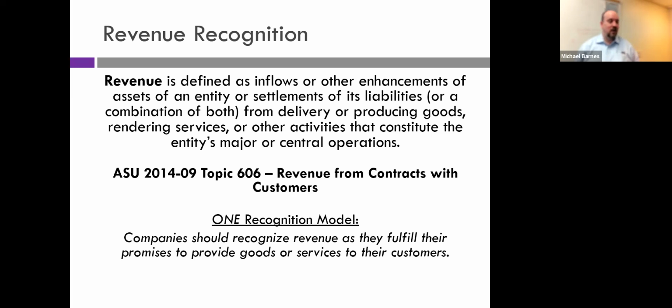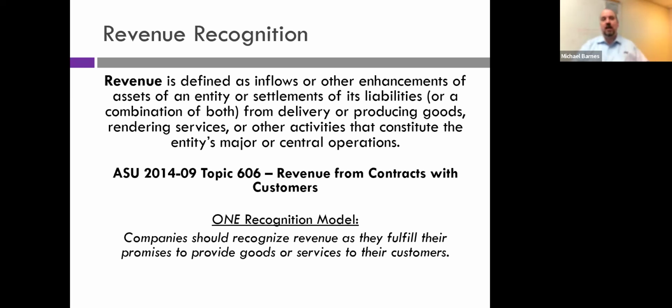Revenue is defined as inflows or other enhancements of assets of an entity or settlements of its liabilities, or a combination of both, from delivering or producing goods, rendering services, or other activities that constitute the entity's major essential operations. Back in 2014, the AICPA issued an accounting standards update. It actually was not enacted until about 2017, I believe. It's Topic 606, Revenue from Contracts with Customers.